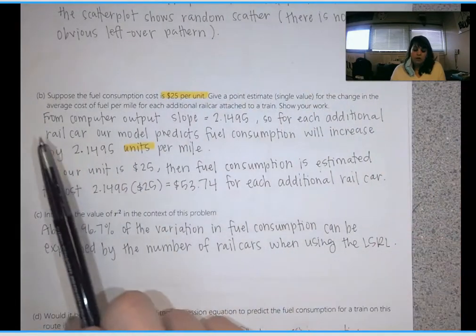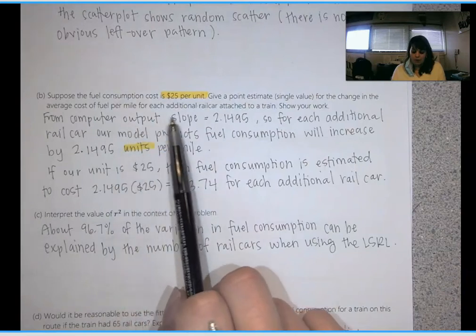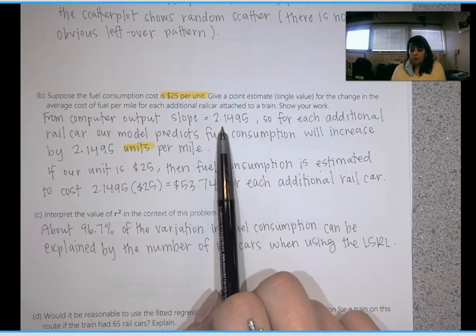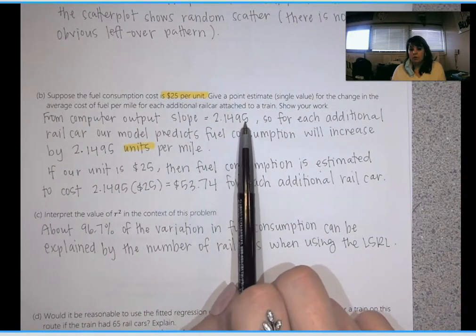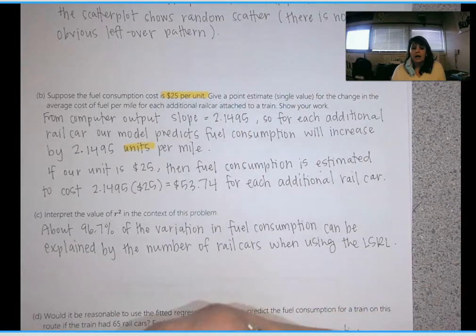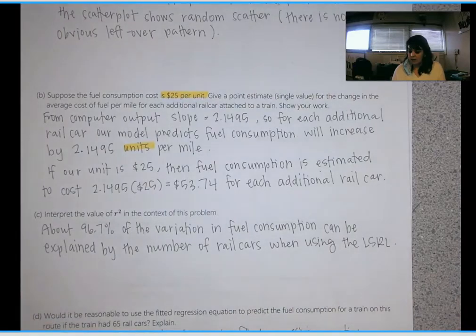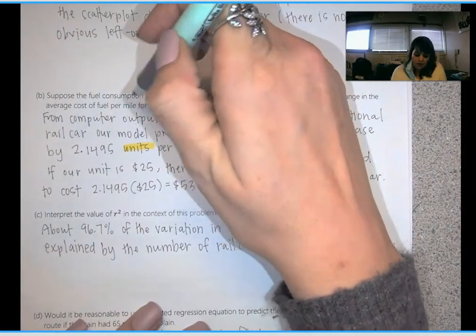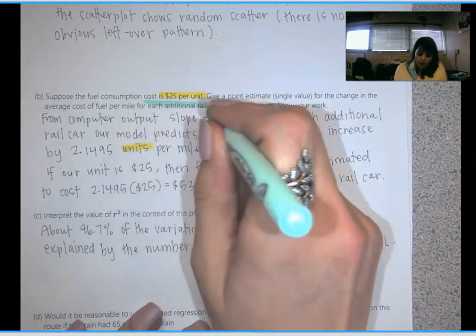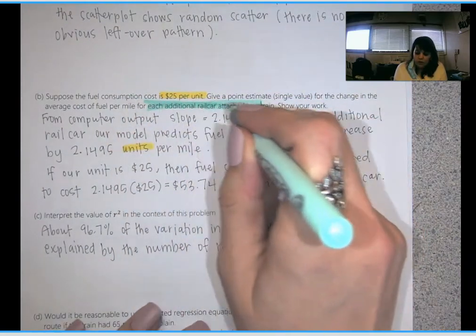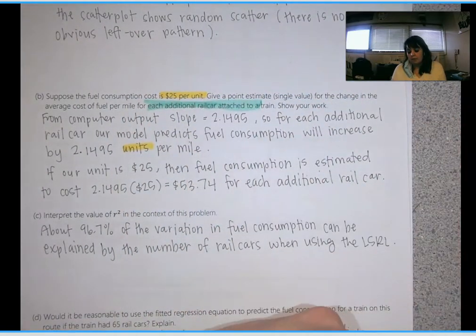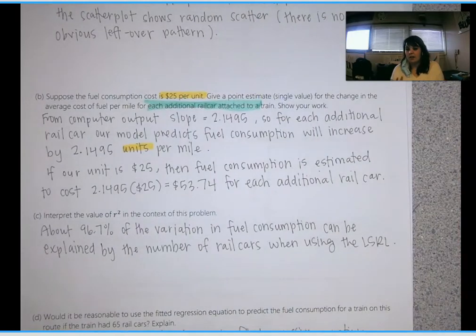So from the computer output, we have that slope is 2.1495. How I knew to look at slope was this wording here, for each additional rail car. So the one thing that we've talked about related to this idea of what happens when you put on another one or another one, that's slope.